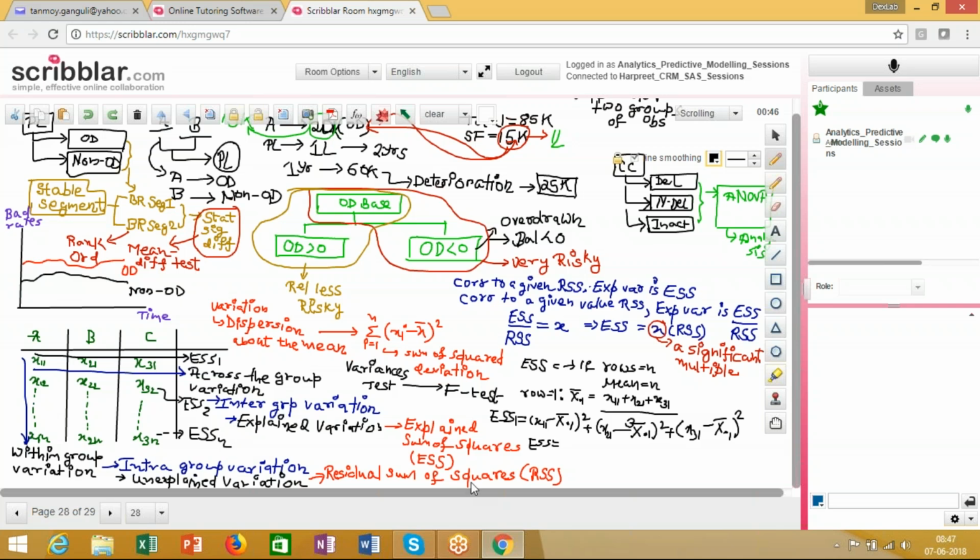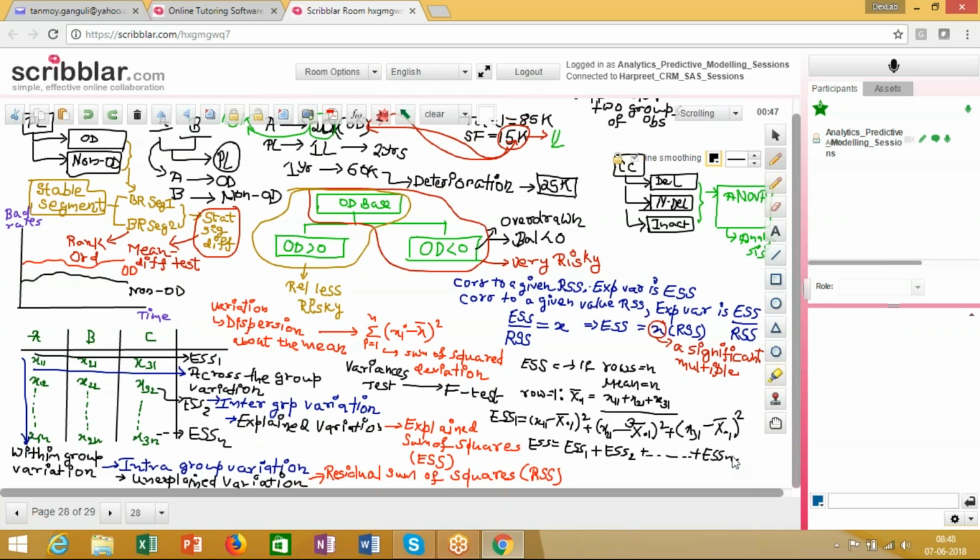So this is what ESS is. When I add all of these up, what I'll get is the explained sum of squares.